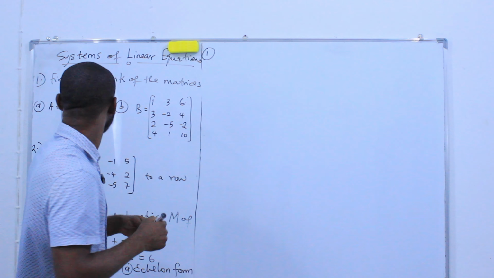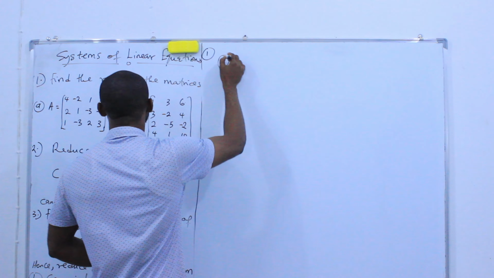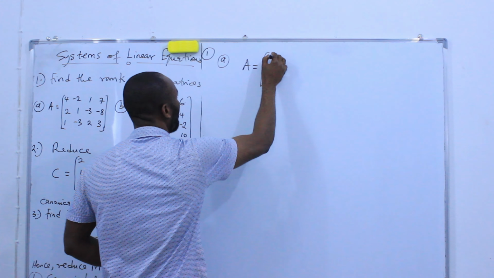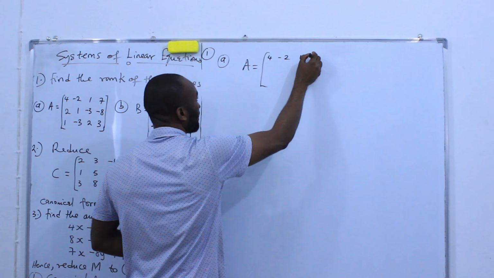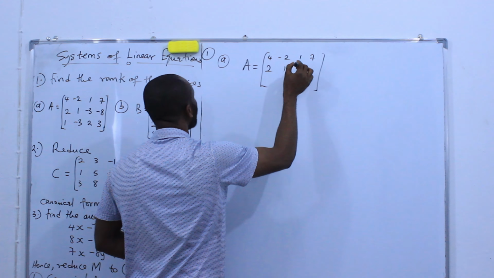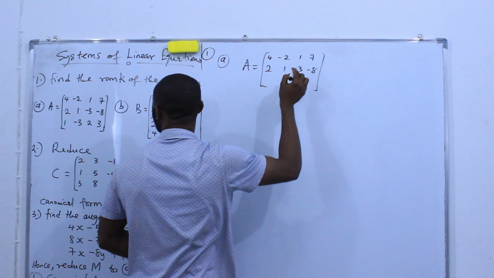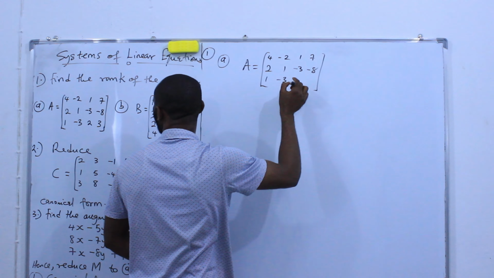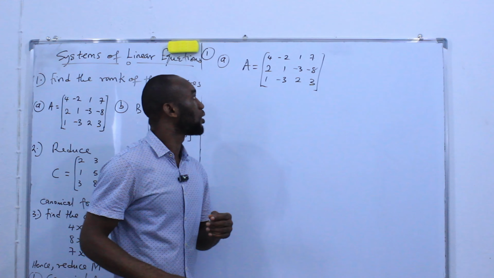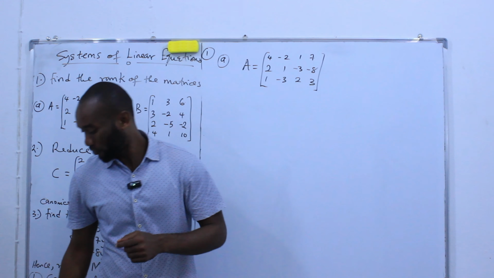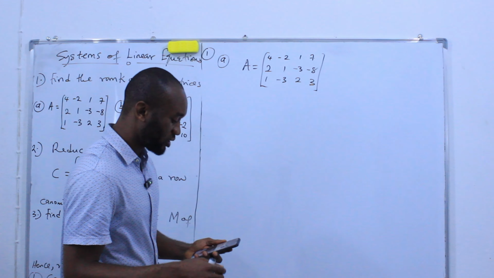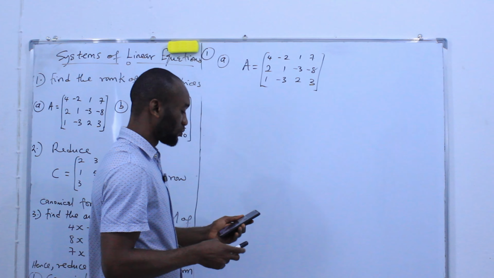The first one, A, is the matrix 4, minus 2, 1, 7; 2, 1, minus 3, minus 8; 1, minus 3, 2, 3. We're going to reduce this to upper triangular form.